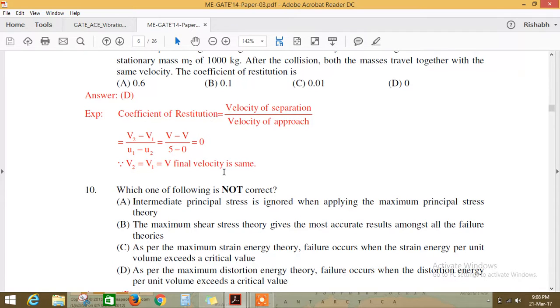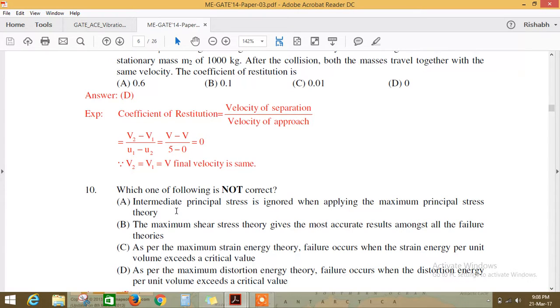The last question for today is: which one of the following is correct? Option A, intermediate principal stress is ignored while applying the maximum principal stress theory. It's absolutely correct.